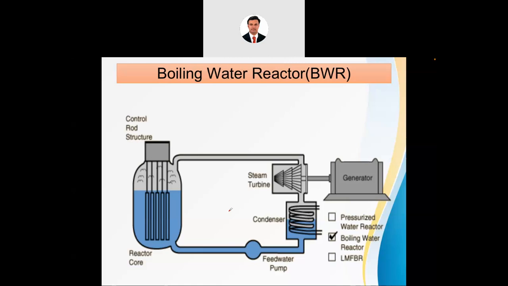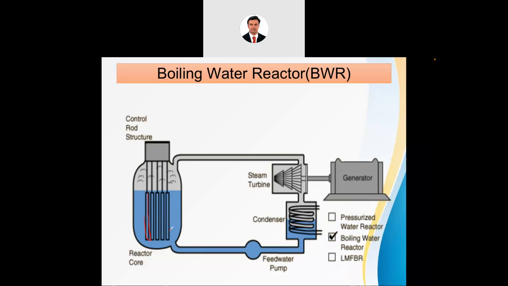Now, depending upon its construction, we can classify nuclear reactors into different forms. The first one is the boiling water reactor. A boiling water reactor is a simple type of nuclear reactor. This is the nuclear core, which contains the nuclear fuel rods and also the control rods.